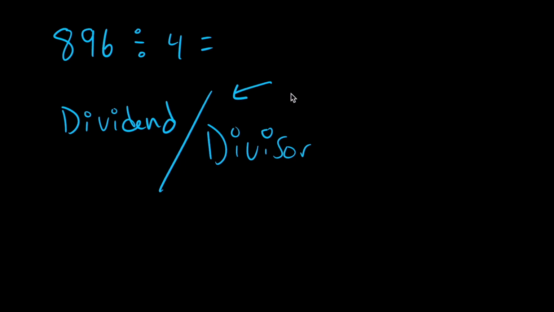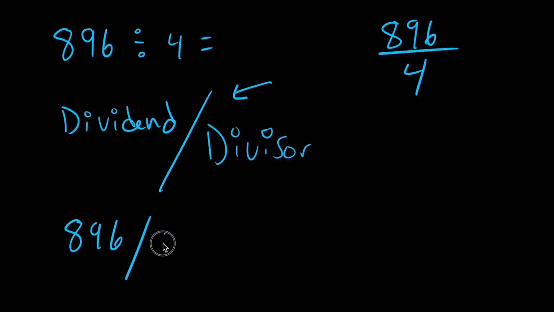That's all we did. So if we want to write this as a fraction bar, 896 divided by 4, we can also just slant it this way. So it can be 896 over 4. Easy.